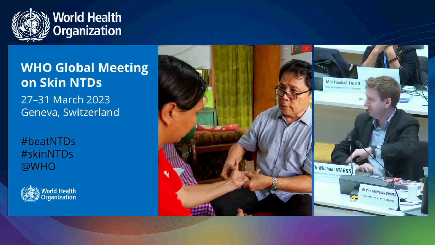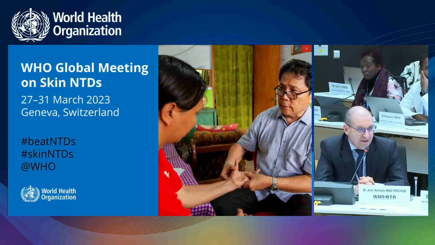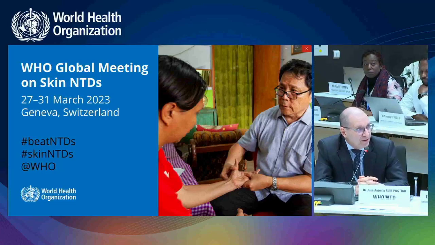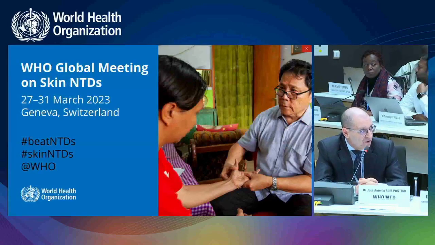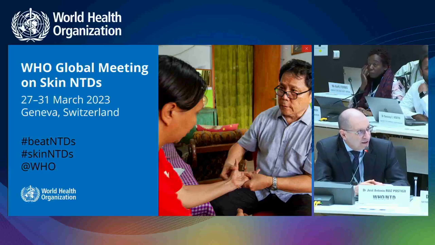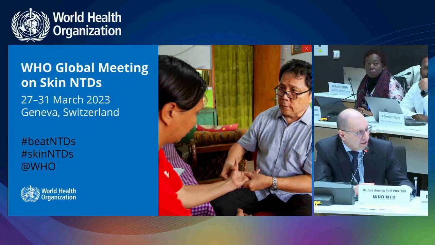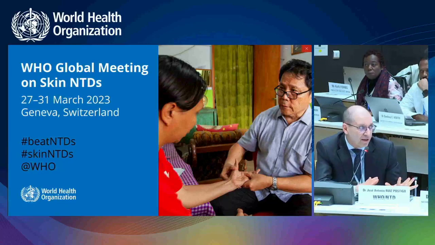Yes, thank you, Michael. Well, we have sorted that out with our Department of Legal Affairs. Any person or any institution donating photographs to WHO has to sign an agreement where all these aspects are taken into consideration, that consent is available, and so that there are no legal issues.